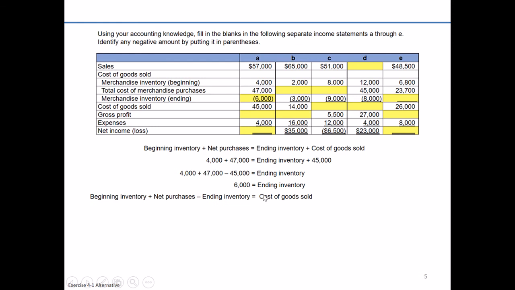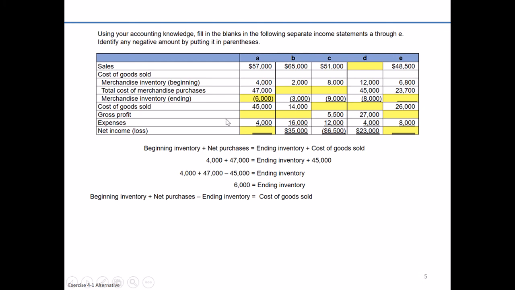So if we move this around, beginning inventory plus net purchases, if we're trying to figure out what cost of goods sold is and calculate it, we would actually subtract ending inventory from it in order to get cost of goods sold. So what I have available to sell, if I subtract out what I was left with, I can back into what the cost of goods sold is. That's why we show ending inventory as a negative amount.